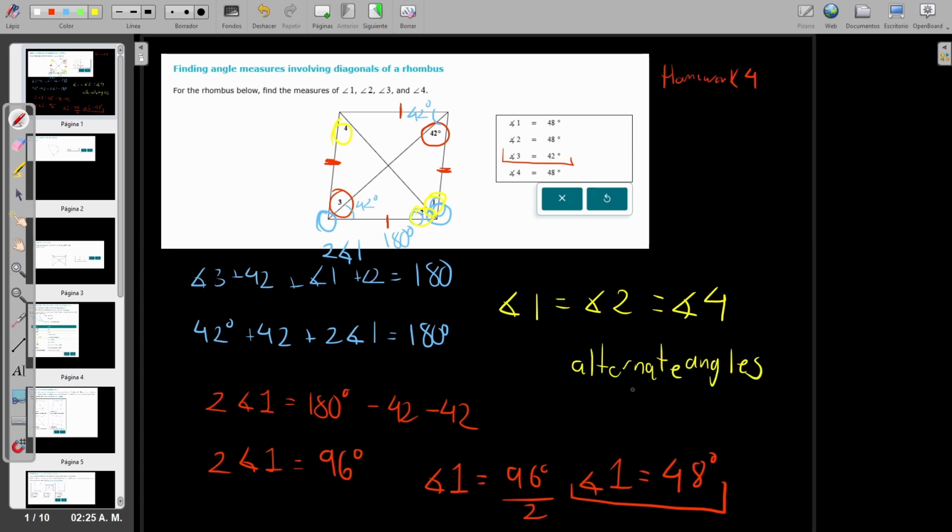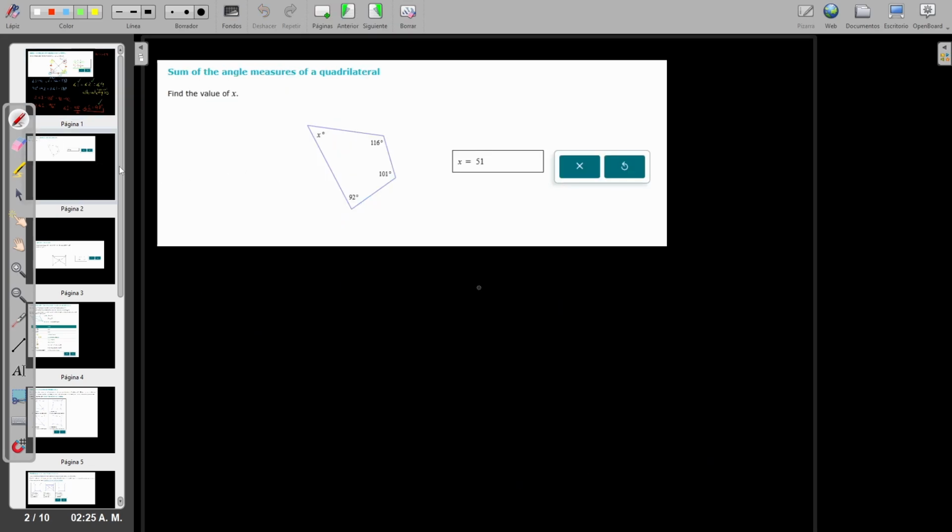They are alternate internal angles. Okay? That's why angle 1 is the same as angle 2, and it's the same as angle 4, and they all measure 48 degrees.